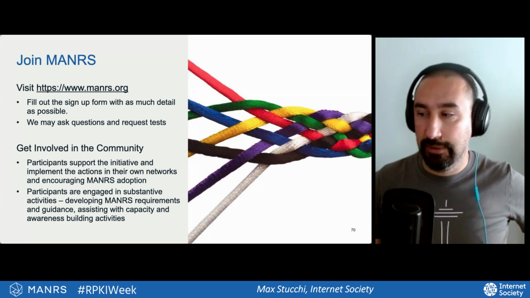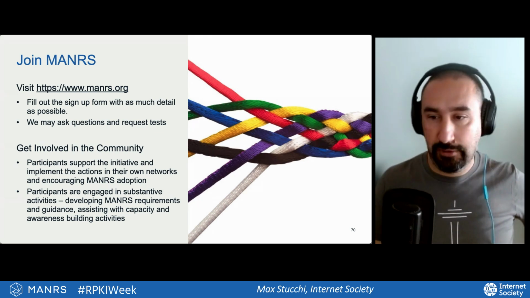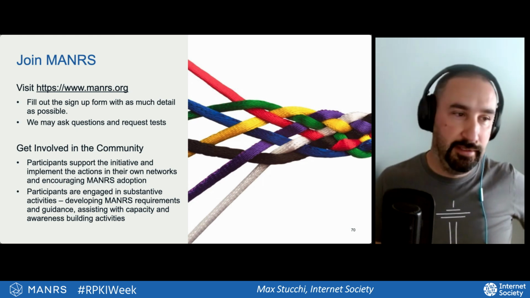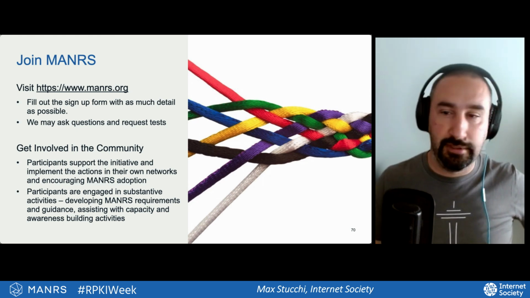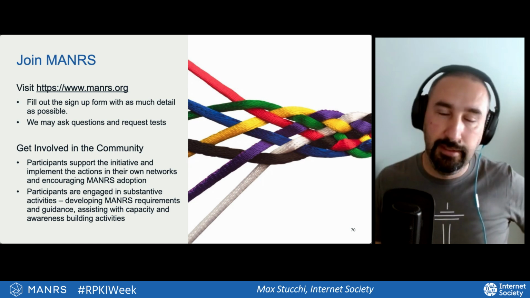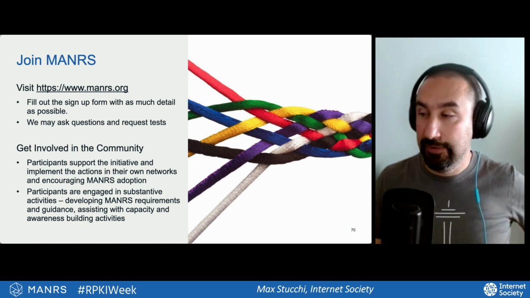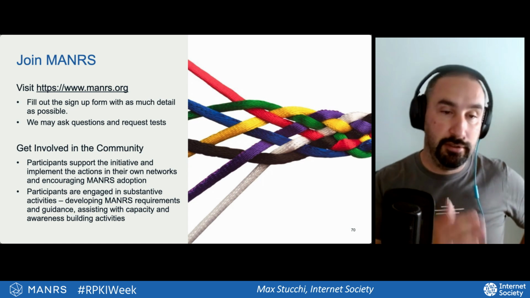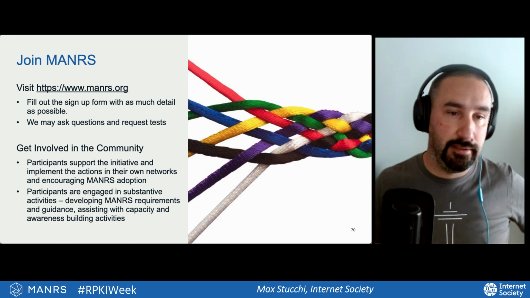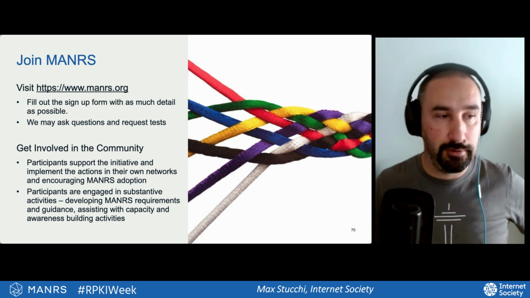And then once you join it, you can join the community, get more involved, follow the example from Flavio, from Massimo, the other ambassadors, or the other, I don't remember how they're called, but anyway, get involved in the community to help us spread more knowledge about MANRS, about what you should be doing to improve routing security in the world.